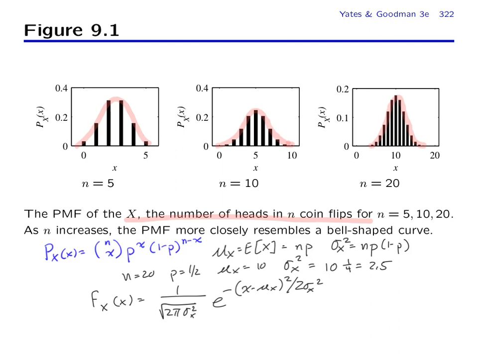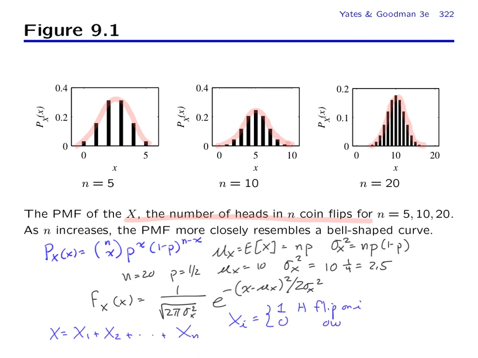The reason behind this has to do with sums of random variables. In particular, we can define the binomial random variable x to be x1 plus x2 plus ... plus xn, where xi is equal to 1 if there's heads on flip i and 0 otherwise.